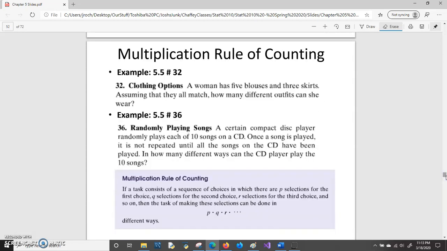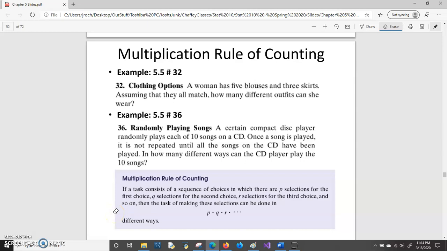The technique we're going to do is the multiplication rule of counting. The rule is in the slides and in the book.